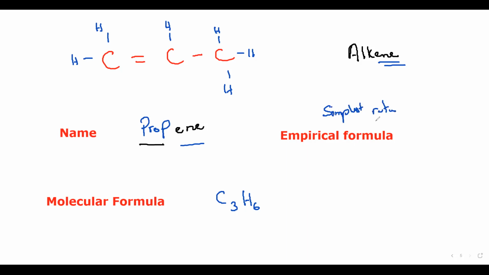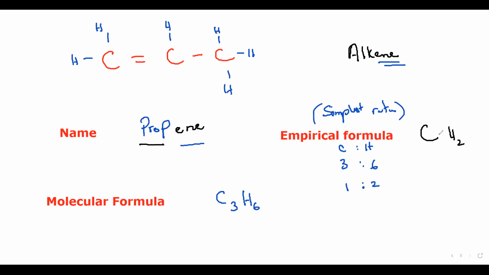So when we work out the simplest ratio, we have 3 carbon atoms and we have 6 hydrogen. If I simplify 3 is to 6, I can simplify as 1 is to 2. So this simplest ratio between the atoms is called the empirical formula. So the empirical formula will be C1H2. And normally we don't write 1, so we can write CH2.